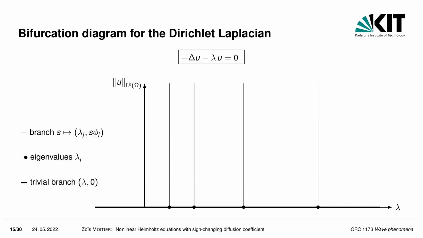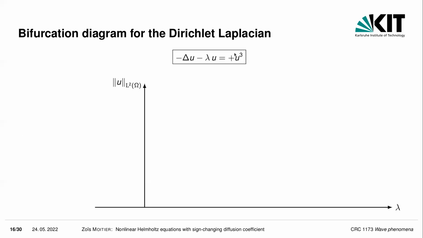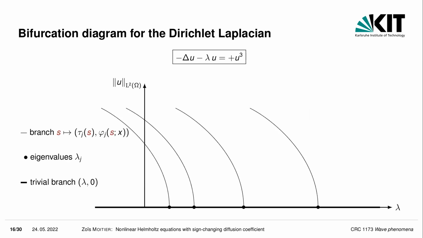And now, if I add a nonlinear term, a u cubed, I still have my trivial branch. I still need to look at my eigenvalues. And now the branches that will bifurcate from this trivial solution will not be straight lines, but will be some curve in this representation that is parameterized by this parameter s.